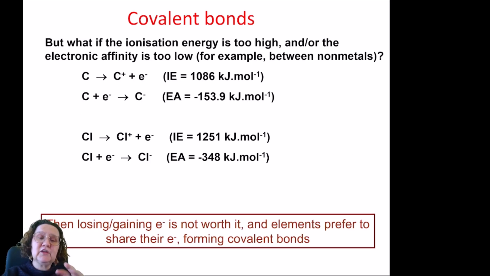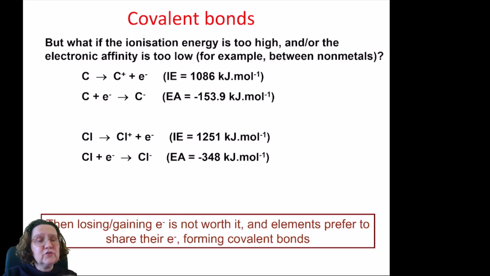Let's see here the example of carbon and chlorine. Carbon, as you can see, has quite a large ionization energy, 1000 kilojoules. If you compare with the 400-something that I was showing you before for sodium, that's almost 2.5 to 3 times the amount of energy it would take if, instead of carbon, that was sodium.